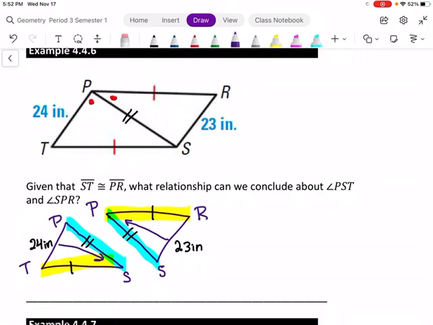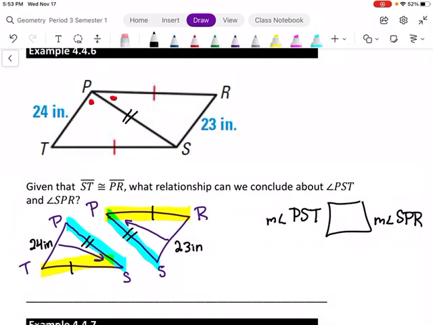So they want us to know the difference between these two angles, which is the measure of angle PST and the measure of angle SPR. So fill in the inequality sign and then check your answer. For this one, the one across from 24 is going to be the bigger of the two angles because 24 is larger than 23. So PST is going to be greater than SPR.